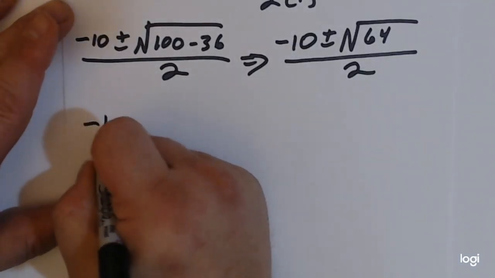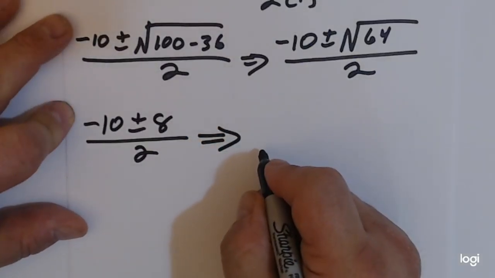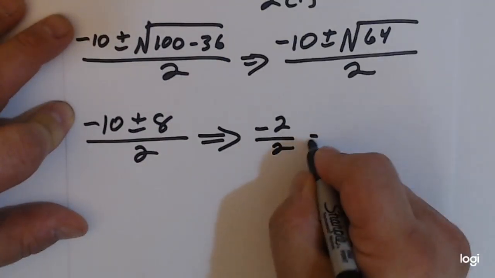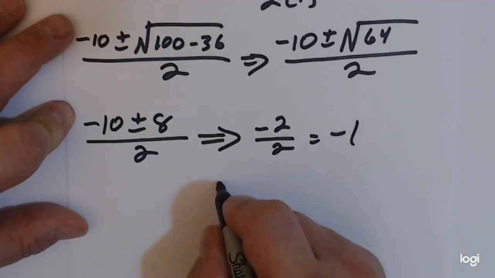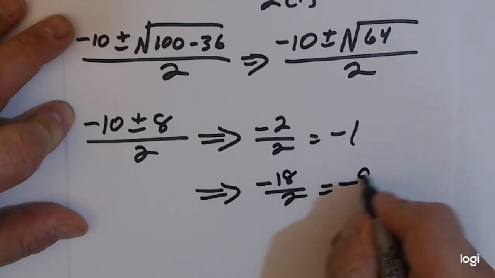So we have negative 10 plus or minus 8 over 2. So negative 10 plus 8 is negative 2 over 2, which is negative 1. And negative 10 minus 8 is negative 18 over 2, which is negative 9.